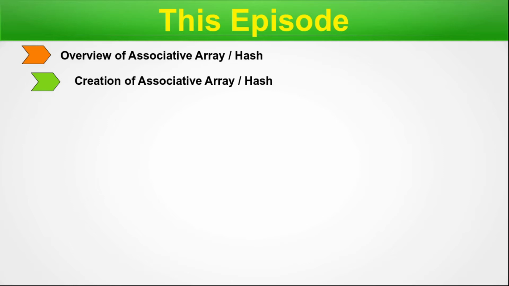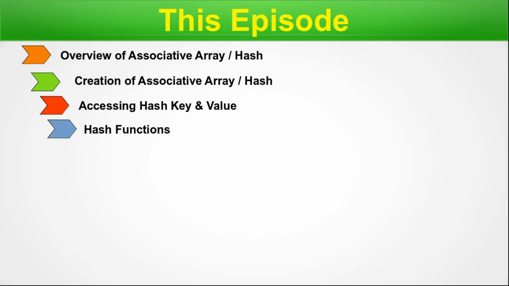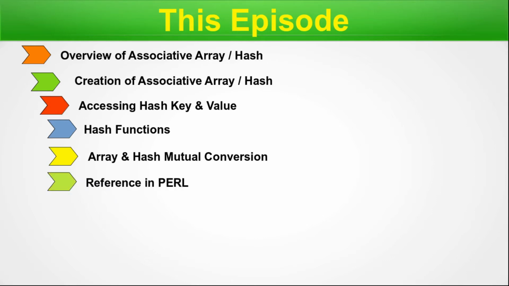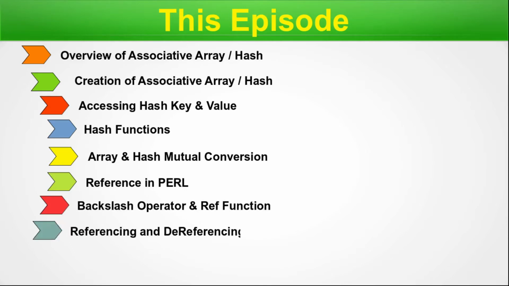In this episode, we are going to discuss an overview of associative array, that is also called hash, creation of associative array or hash, accessing hash key and value, hash functions for various operations, array and hash mutual conversion, reference in PERL, backslash operator and ref function, referencing and dereferencing, creation of unnamed hash. So that's the menu for today.